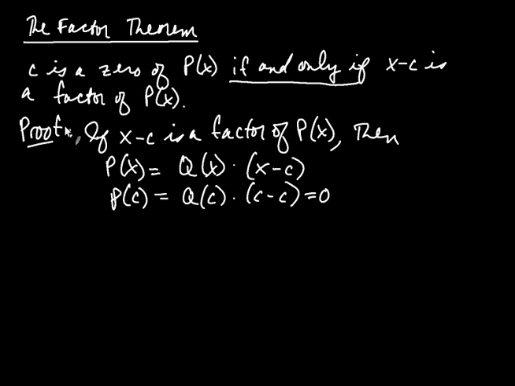Now let's show the other direction. Let's show that if c is a 0 of p of x, that implies x minus c is a factor.